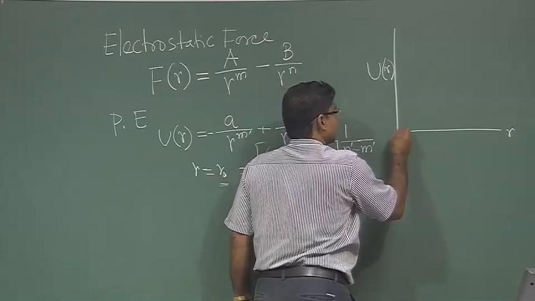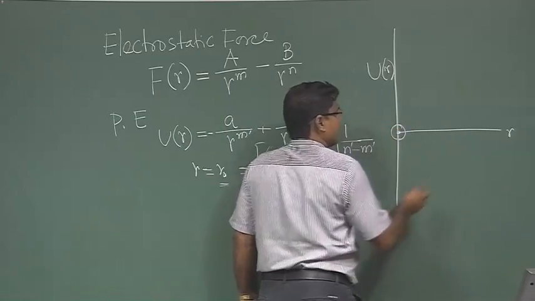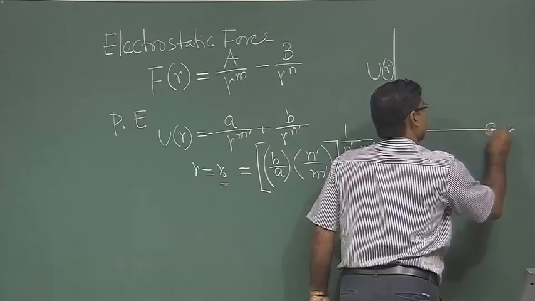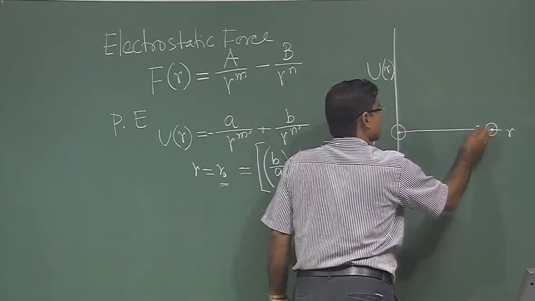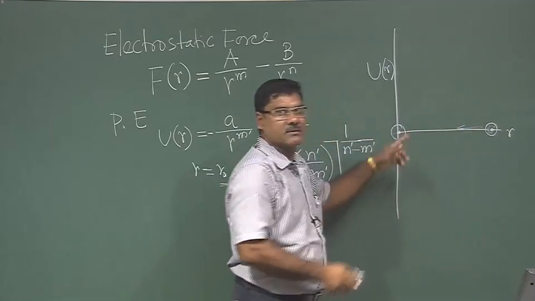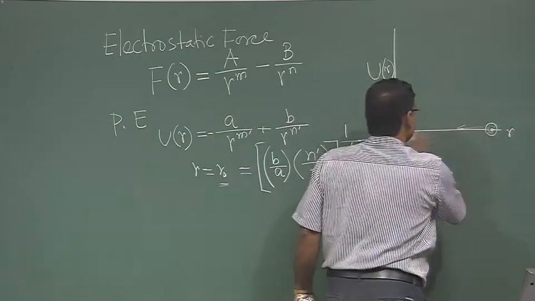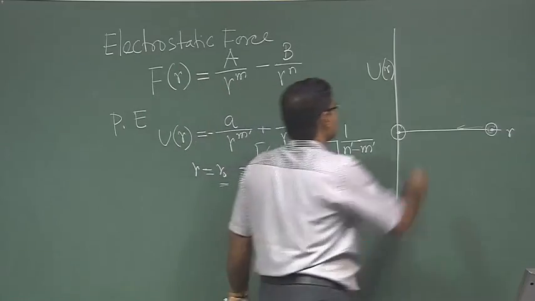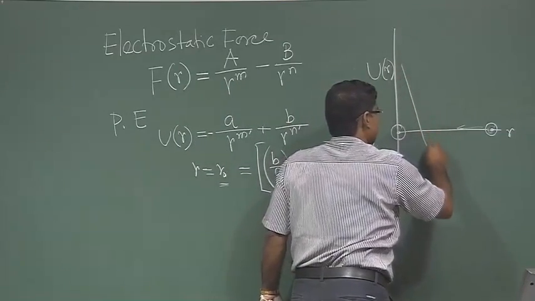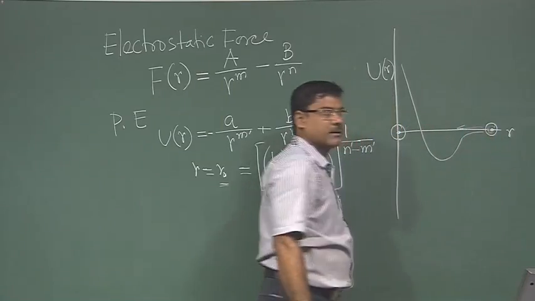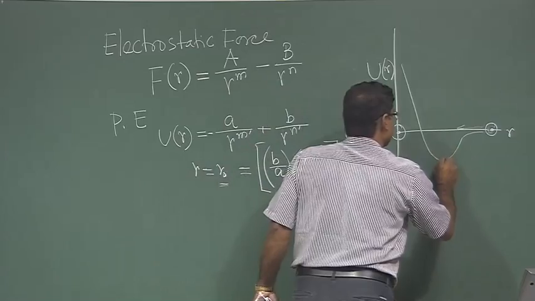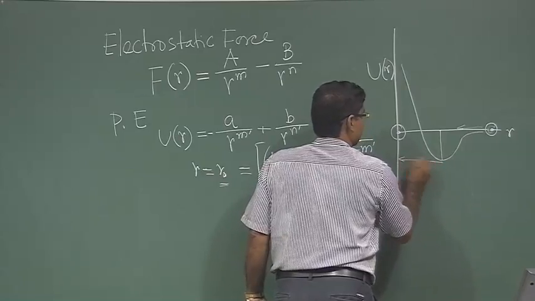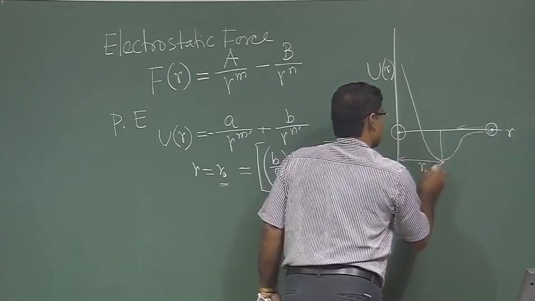So, if you think that one atom is here and another atom moving towards this atom, so basically r is changing, and because of change of r, the potential energy will change. So, this change we have seen, it's like this. So, for a particular value of r, so this r0, the potential energy is minimum.